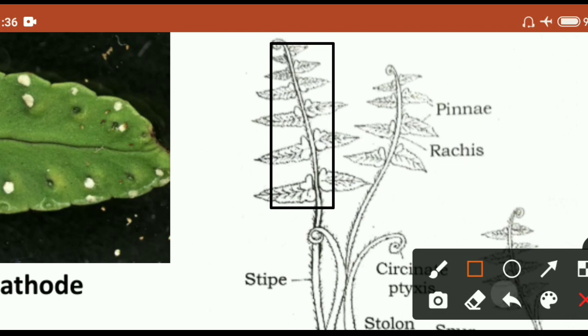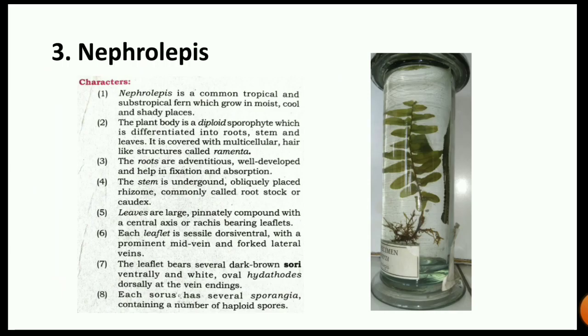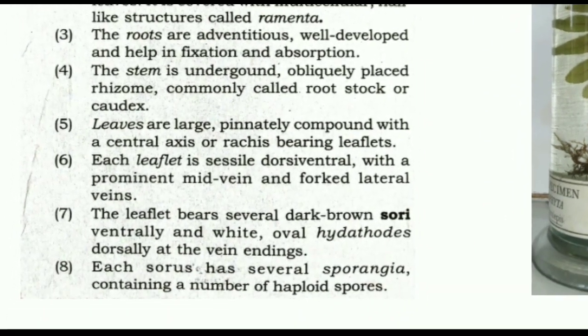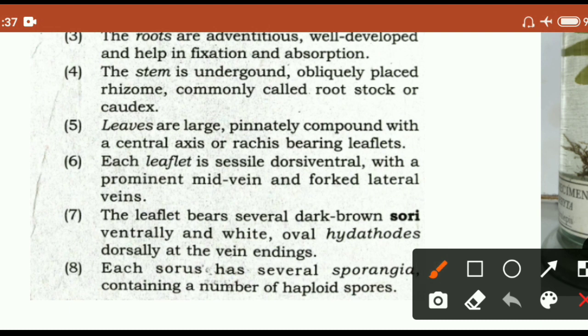I hope you have understood this. Moving ahead, each leaflet is sessile and dorsiventral with a prominent mid vein and forked lateral veins. Sessile means it does not have a stalk.